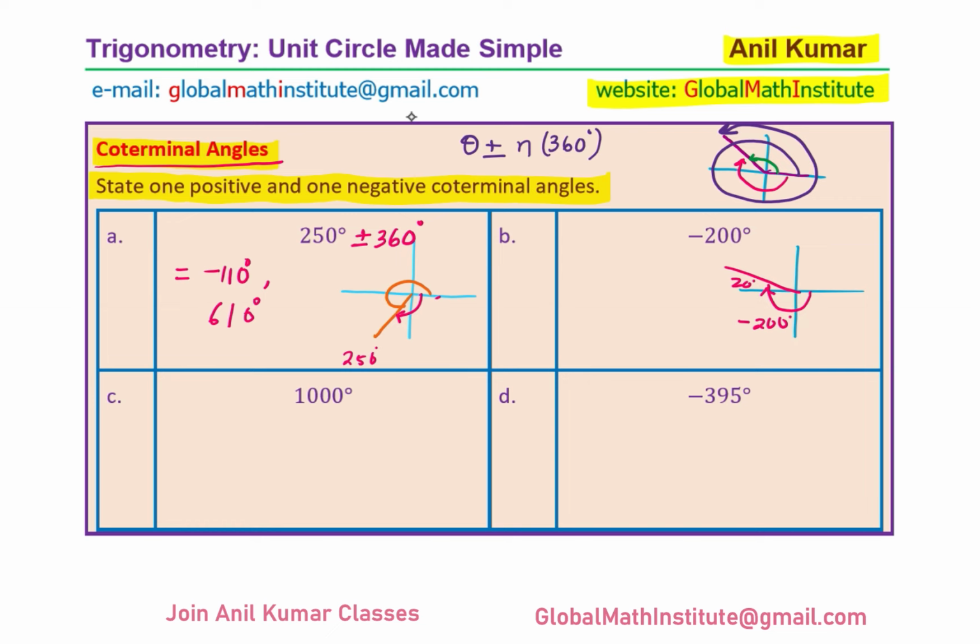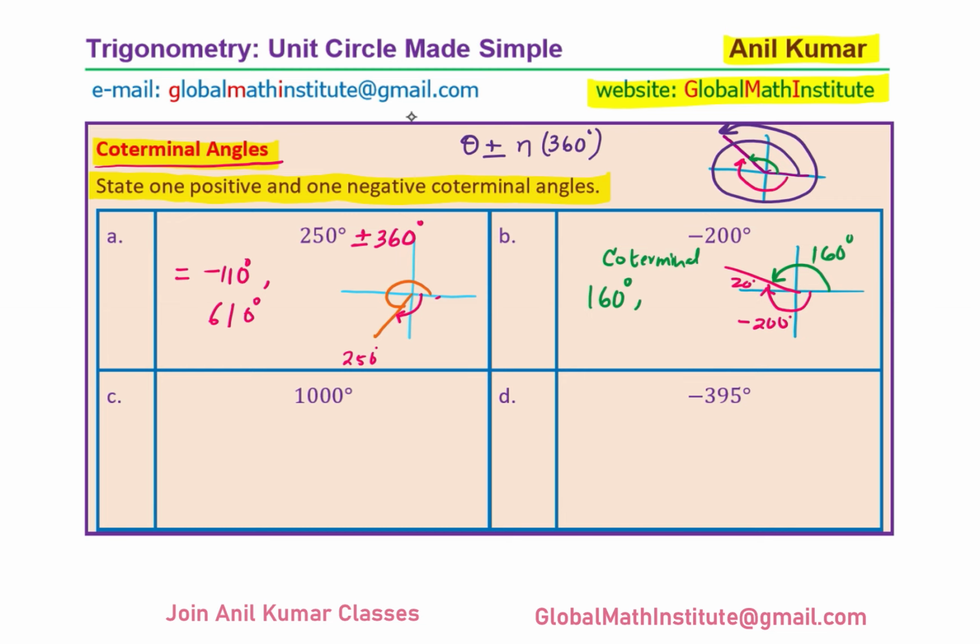So to get the positive coterminal angle, we could go like this, right? How much do I have to make this angle? Well, 20 less than 180. So this angle we can clearly see is 160 degrees. So one of the coterminal angles is 160 degrees.